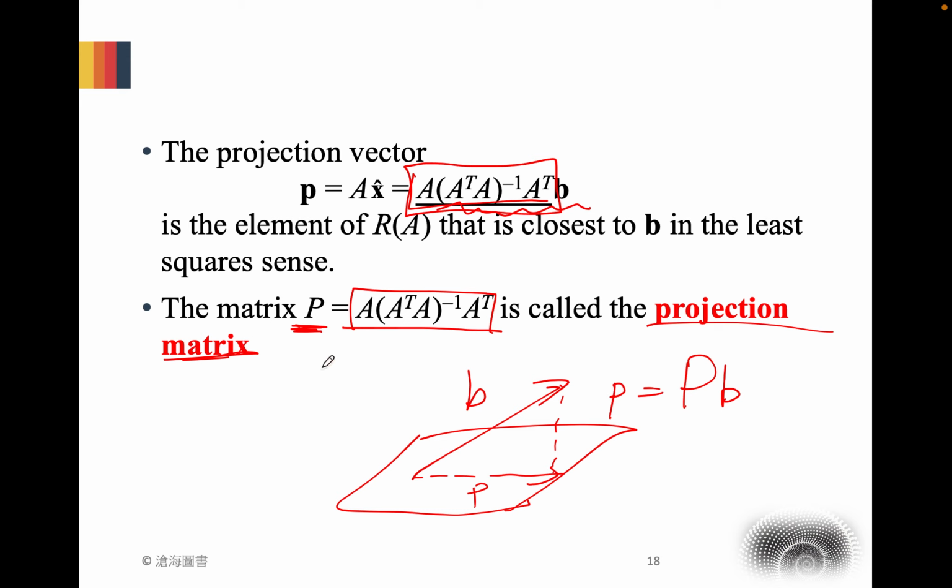It helps us to project the vector b onto the column space of A. Okay? So this is the projection matrix. It's just like a linear transformation. So remember the previous chapter, chapter 4, we talked about linear transformation. So the orthogonal projection is a kind of linear transformation. Okay?